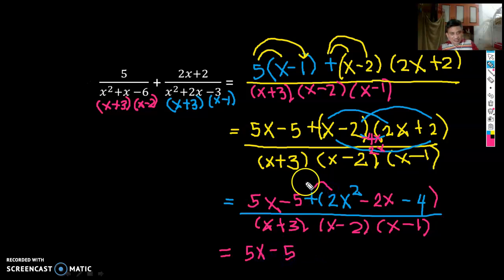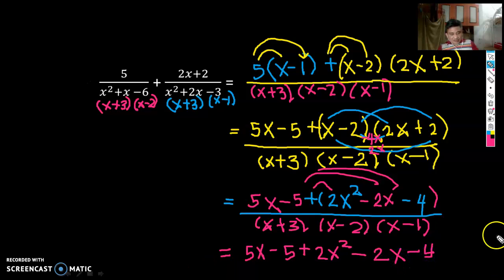Distribute, plus 2x squared minus 2x minus 4, all over x plus 3.